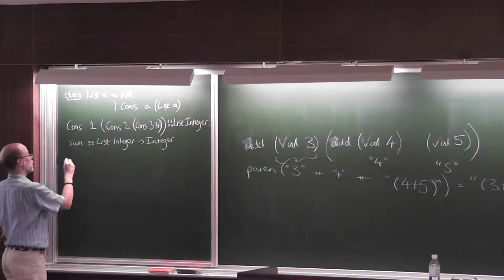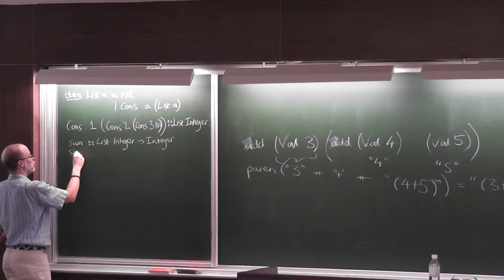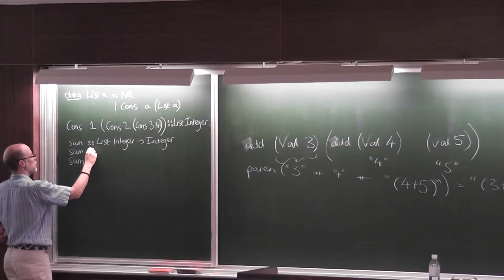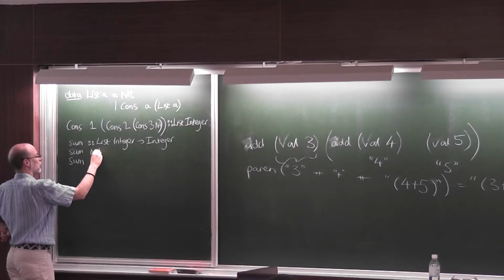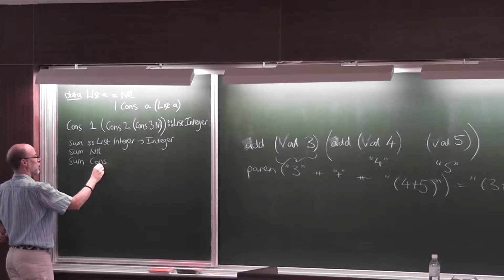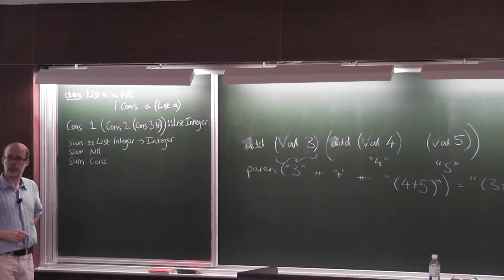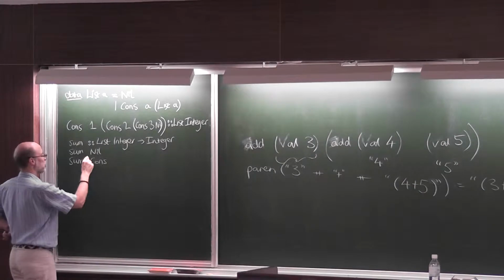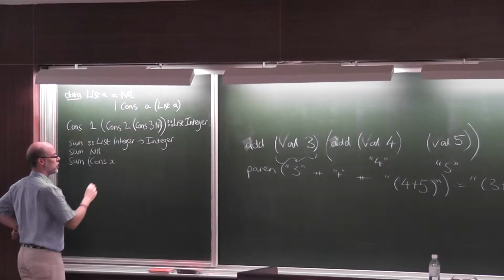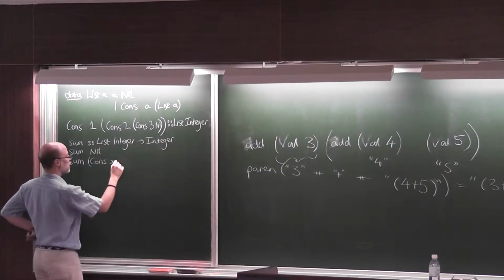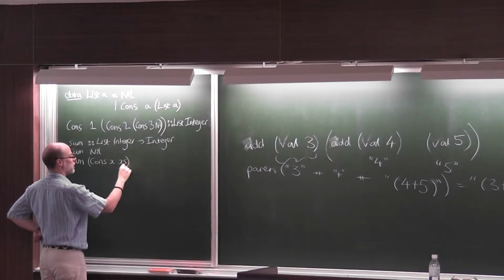There are two kinds of lists, so I need to give two clauses to sum. There's a case for nil and a case for cons. In the nil case, that's all there is to it, because that's the whole of the list. In the cons case, I need to say it's cons of a list whose head is x and whose tail is xs.